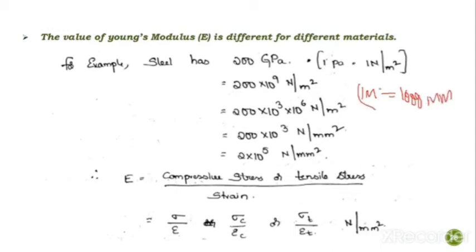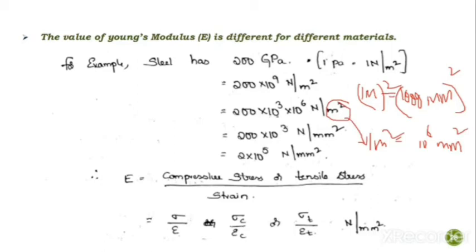Now square it on both sides. What you find is 1 meter square is equal to 1000 square, which is 10 to the power of 6 mm square.